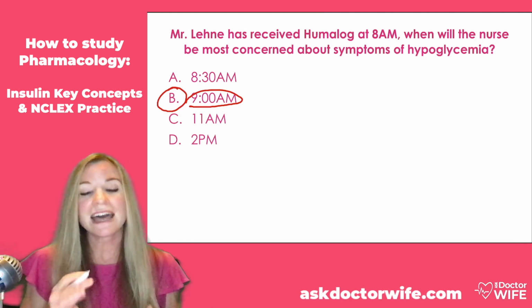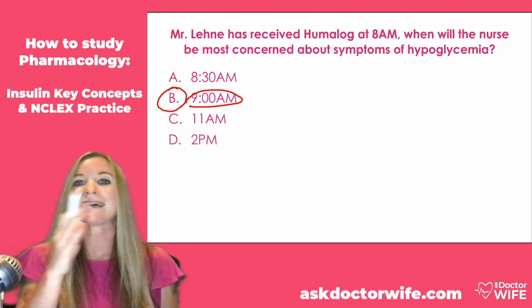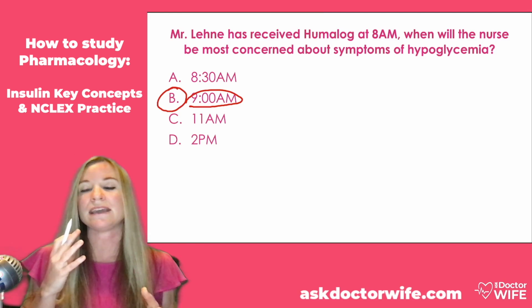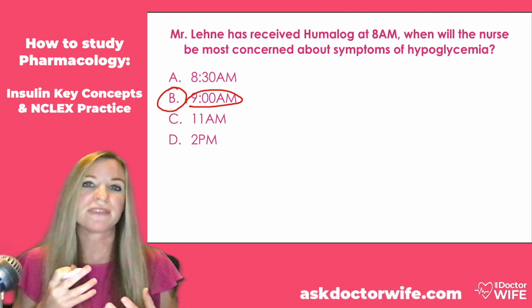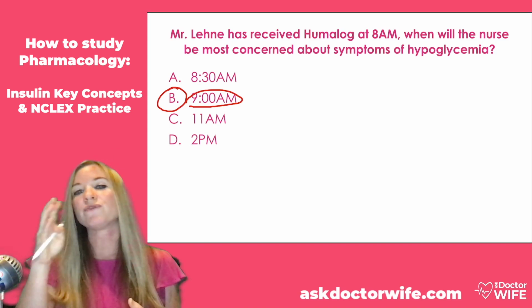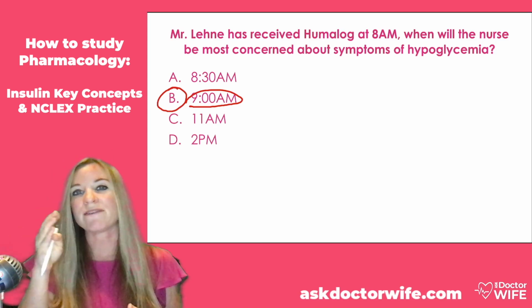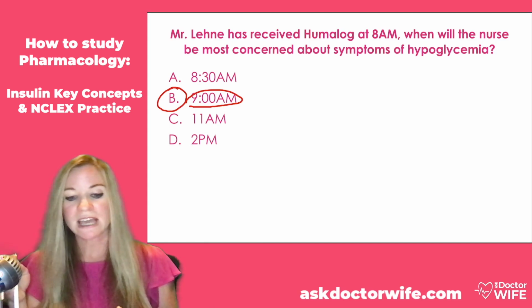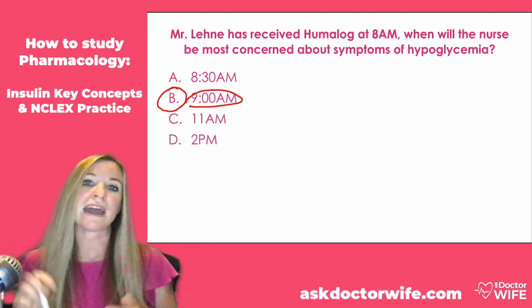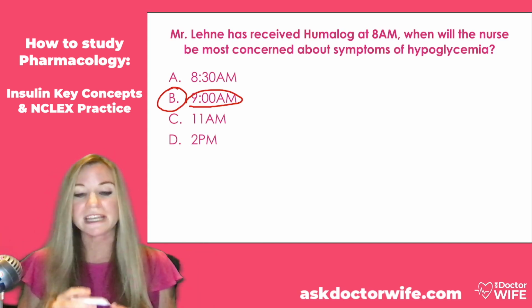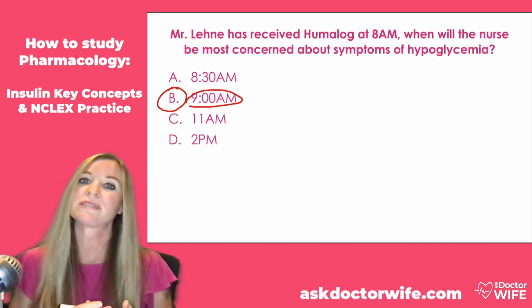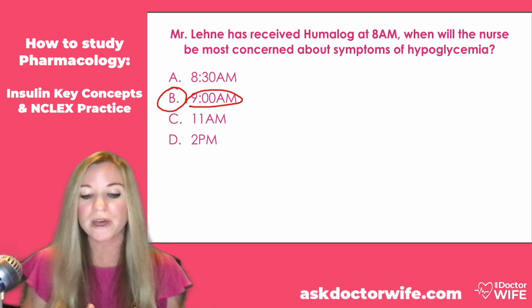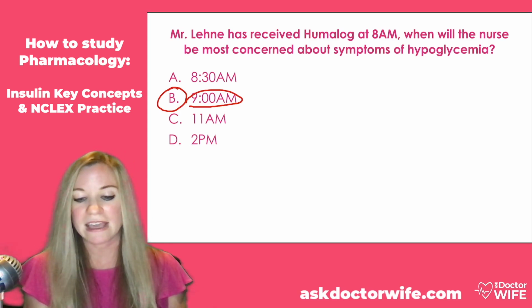By 11 a.m., it's going to be past its peak, which means the concentration of that insulin in the blood is going to be falling, and it's not going to have as profound of an effect. And by 2 o'clock, it's going to be out of his system. So really here, this patient is most at risk for symptoms of hypoglycemia about 1 hour later, or 9 a.m.